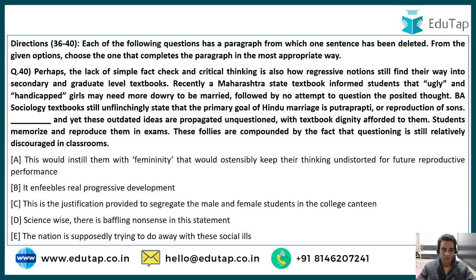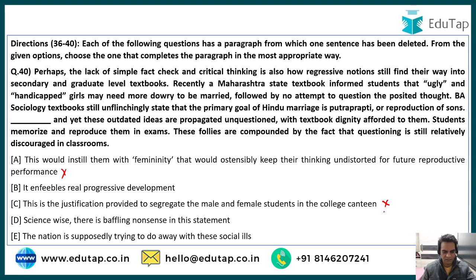All right. So let's read the options. This would instill them with femininity that would ostensibly keep their thinking undistorted and for future and reproductive performance. No, guys, this is illogical. It enfeebles them. It enfeebles real progressive development, and yet those outdated ideas are propagated unquestioned. Could be possible. Let's read option number C. This is the justification provided to segregate the male and female students in college canteen, and yet no, guys, this is wrong.